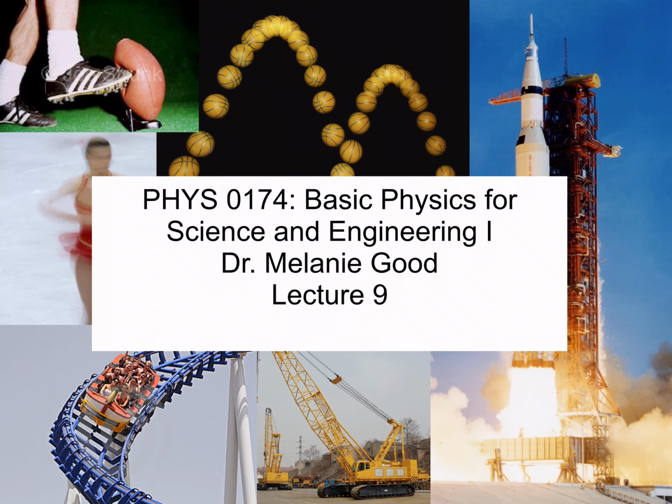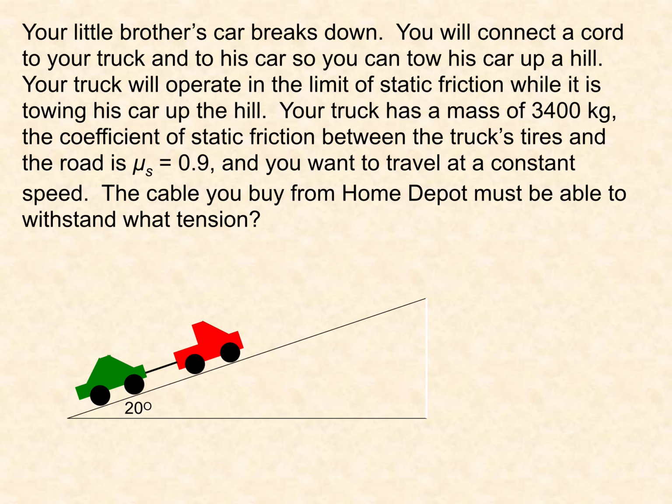Welcome again. We are going to continue our discussion about Newton's laws and look at a few more examples today. Last time we discussed this idea of pulling a car with a truck, and we were trying to quantify what the tension in the cable might be.